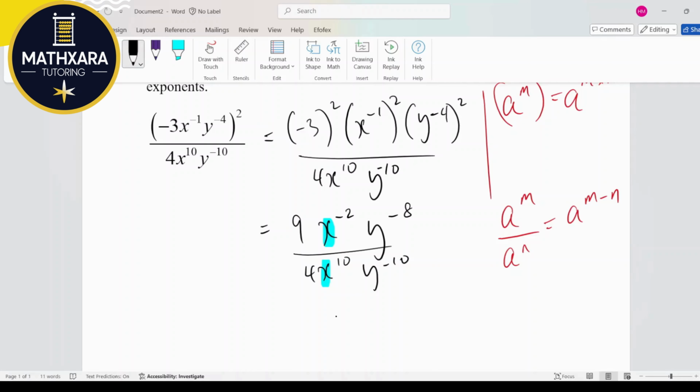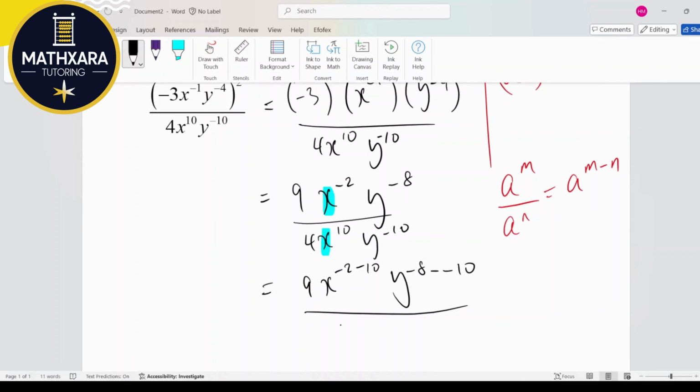So what we do, we subtract our exponents. 9x to the negative 2 minus 10. For the y's, that will be y to the negative 8. And remember, we're subtracting the exponent in the denominator. So negative 8 minus negative 10. The 4 stays in our denominator for now, since nothing is being done to it.